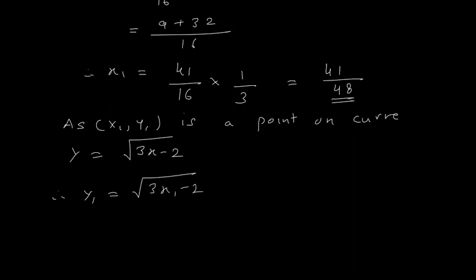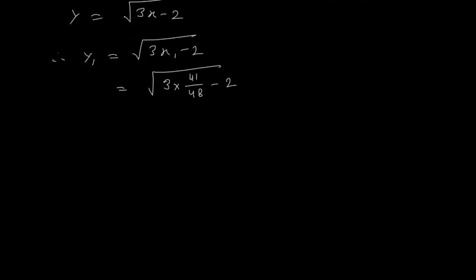So this gives me 3 into the value of x1, 41 upon 48, minus 2. On simplification, we get y1 equal to square root of, and this 48 we can cancel, 41 upon 16 minus 2.